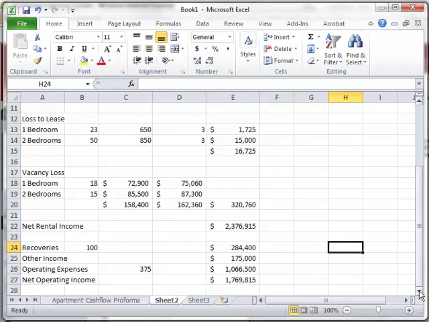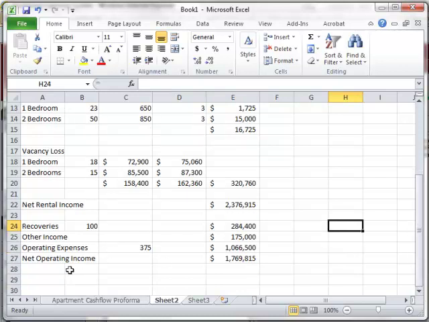Now a lot of times NOI will be used for valuation of properties, and if we cap that, or divide that by a cap rate or a discount rate that we think is related to the risk of this type of property, we can come up with a value of the property.